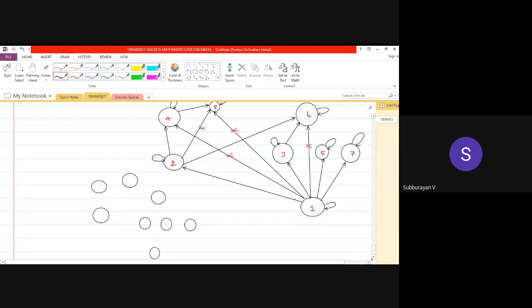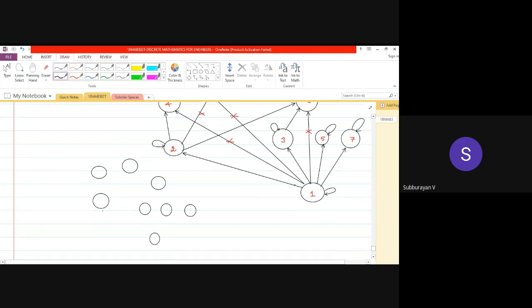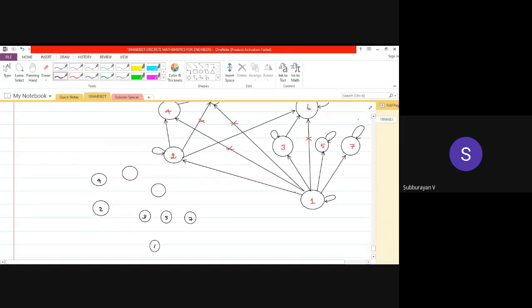First, let me note down the nodes. This is 1, and this is 2, 3, 5, and 7, and this is 4, and this is 8, and this is 6.